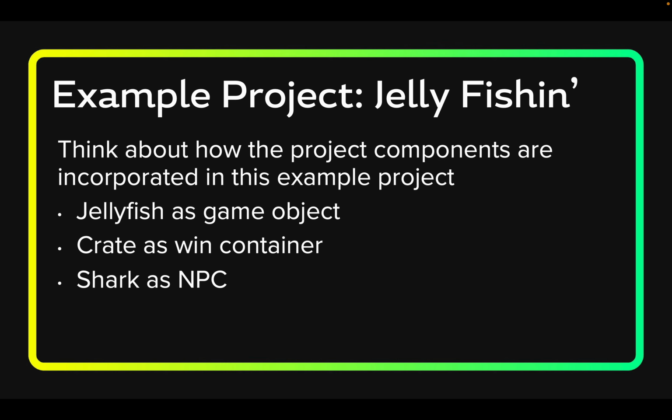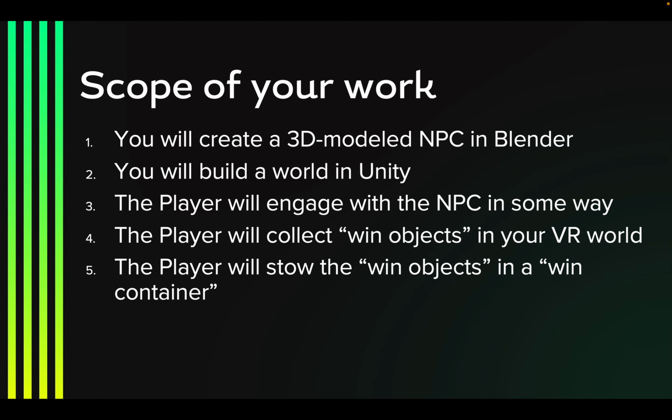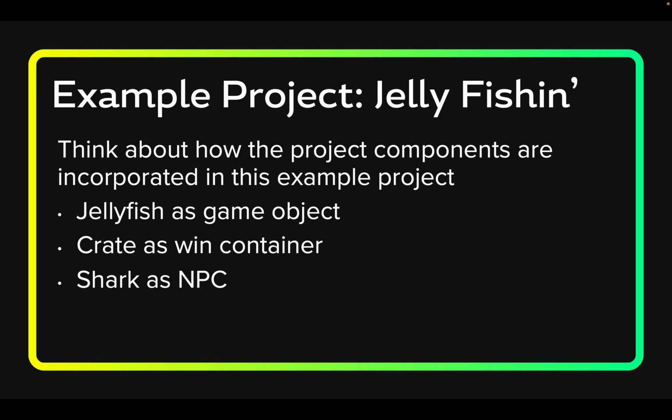The crate is the win container that you stow these jellyfish or win objects in. And then there are sharks that swim around, and they're the NPCs, and those are to be avoided. So the player character is us, the user, the player, catching the jellyfish. So that is basically taking this scope and just putting it into context.